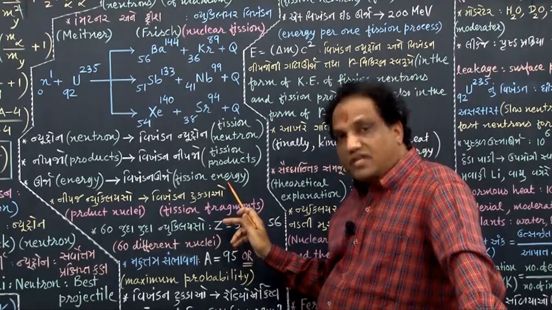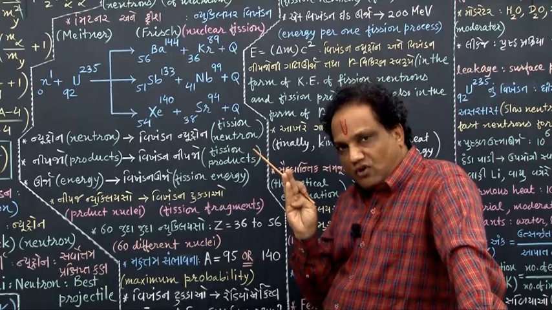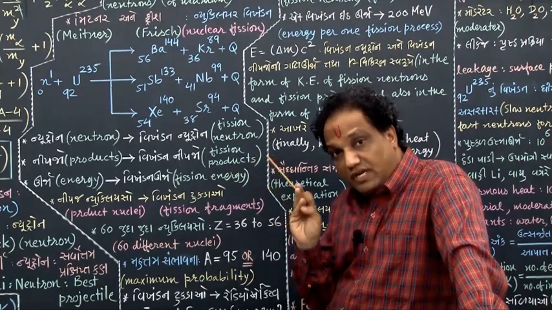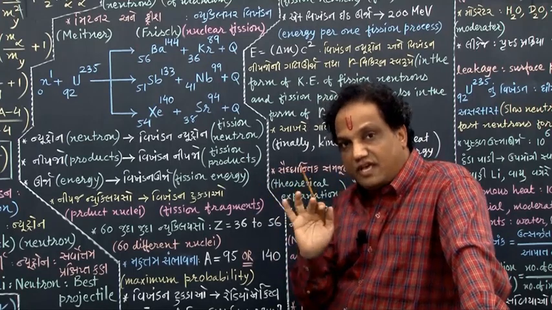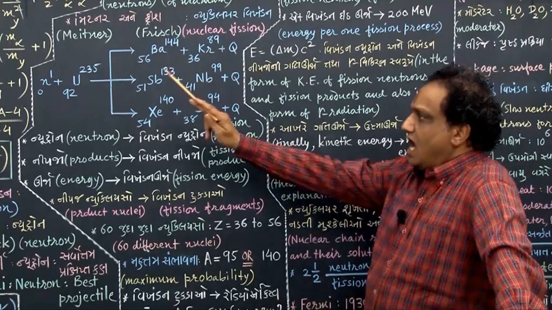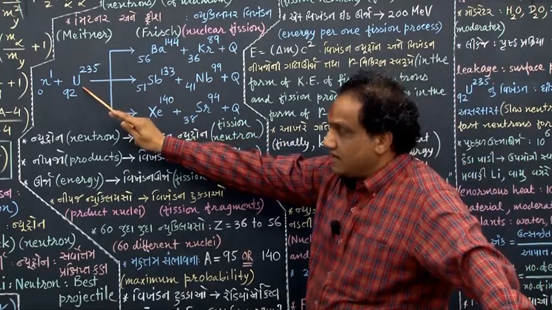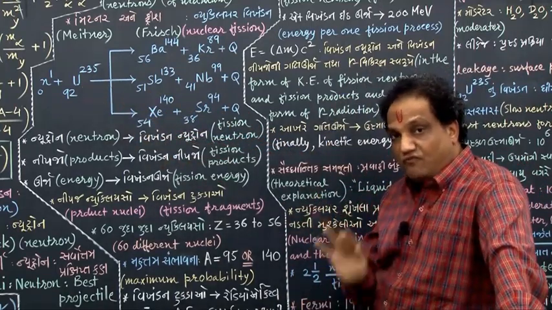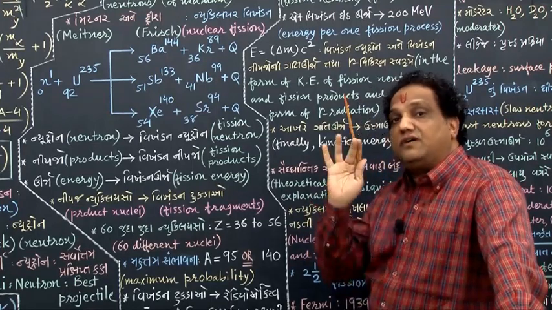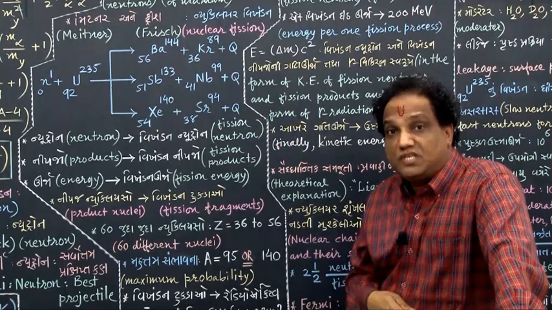What are they called? Fission energy. Neutrons are called fission neutrons, products are called fission products, and amount of energy liberated is called fission energy. Simple? Fine.